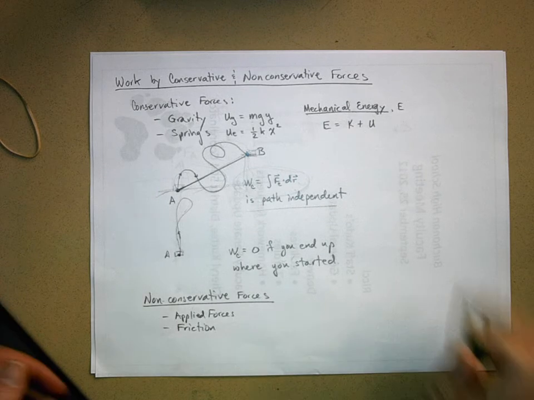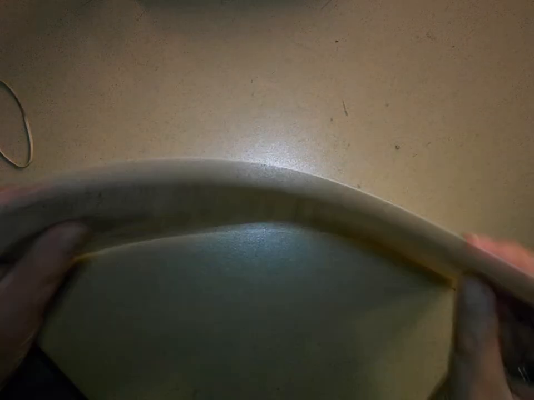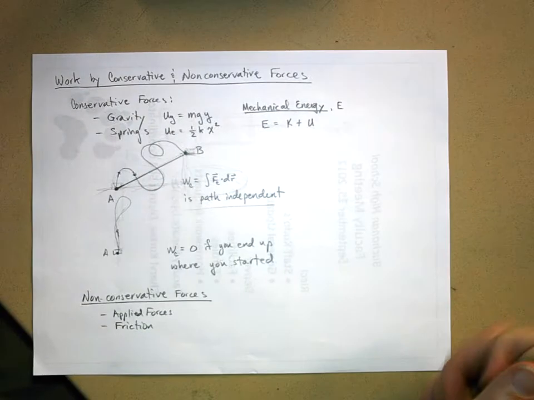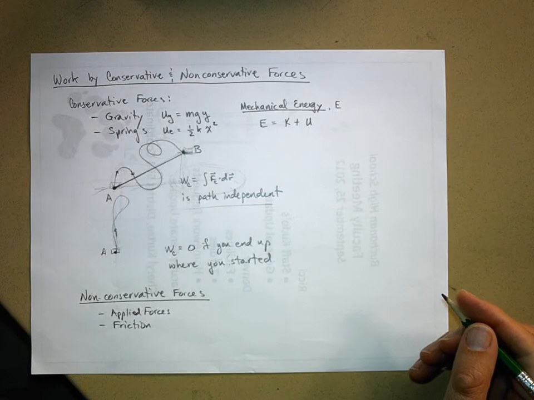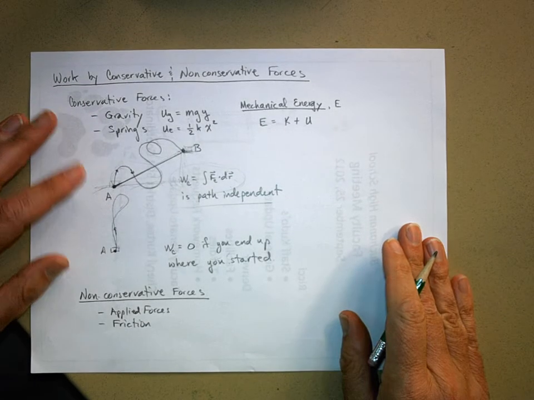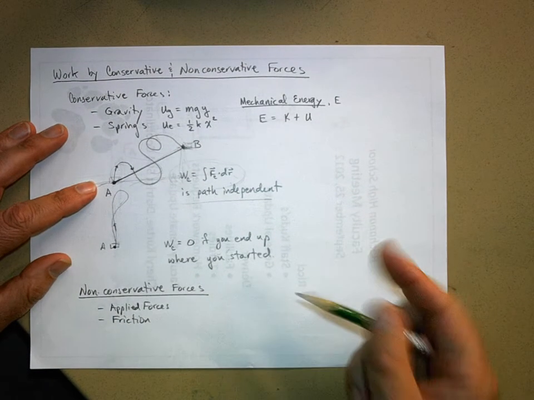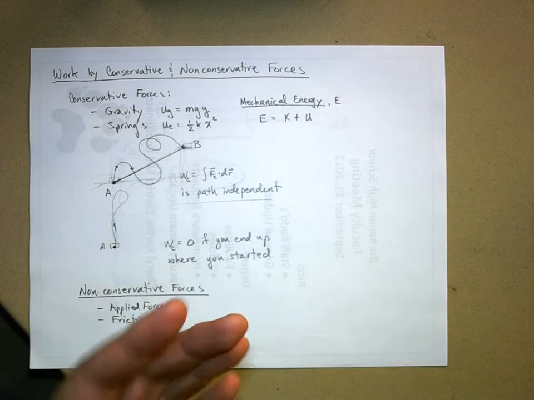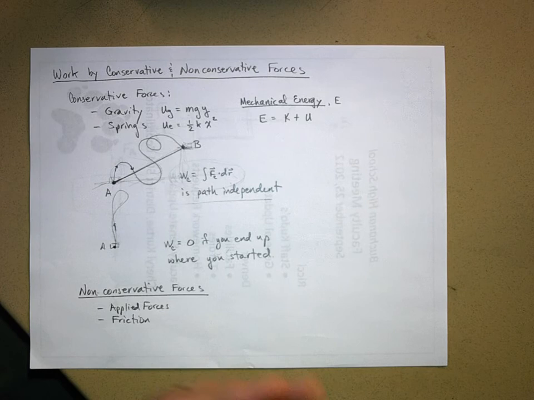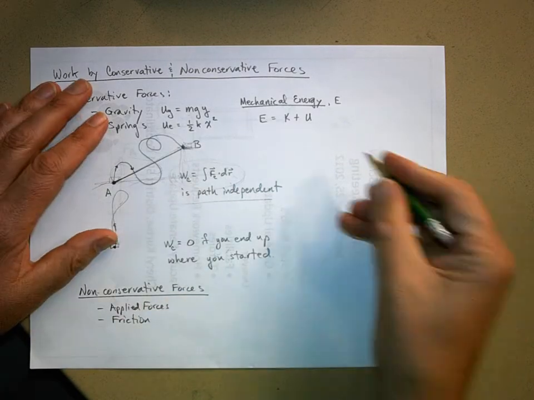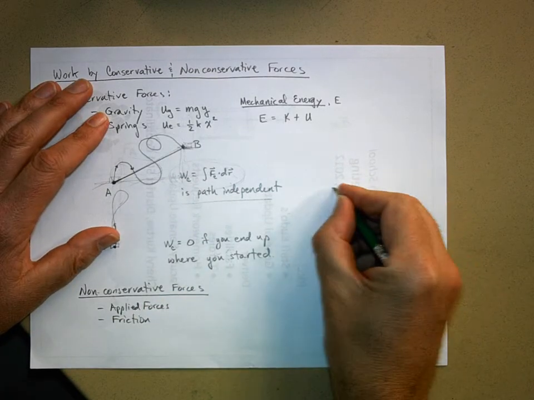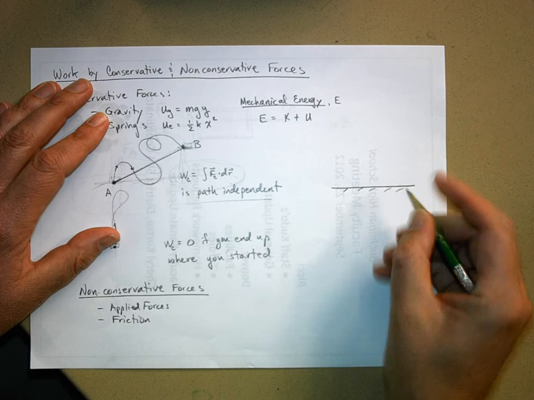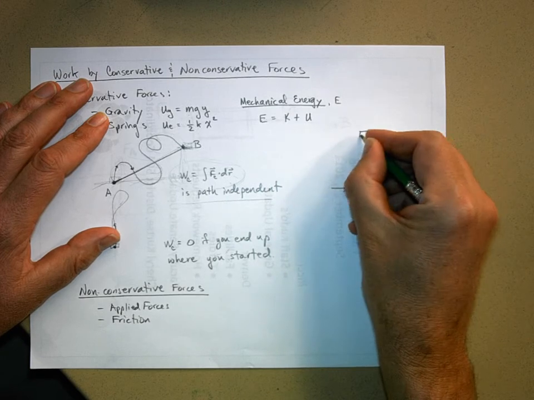Why is this important? Well, here's an idea. If a conservative force, like gravity or a spring, is doing work, here's a real easy example. Here's the ground. Here's my little eraser, okay?